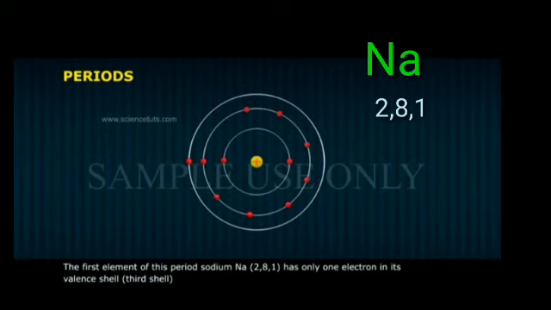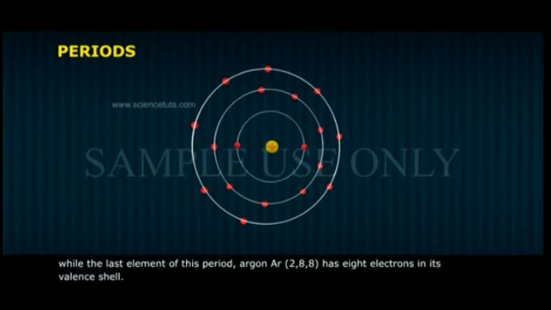The electronic configuration of sodium is 2, 8, 1. Only one electron is present in its valence shell. The last element of this period is argon. The electronic configuration of argon is 2, 8, 8. It has 8 electrons in its valence shell.